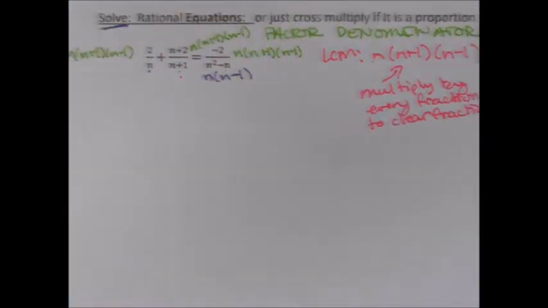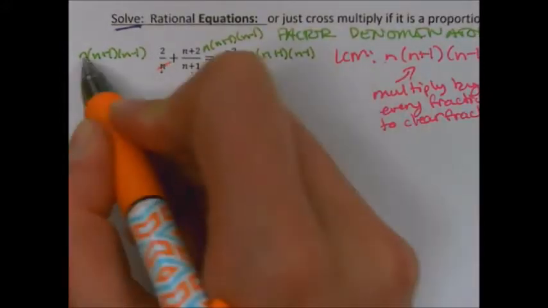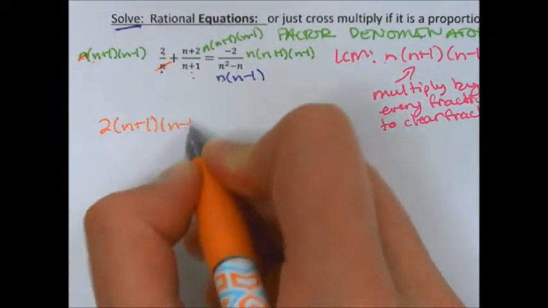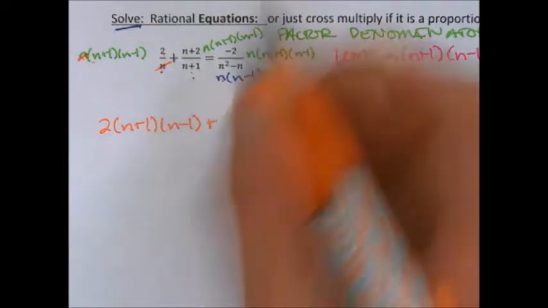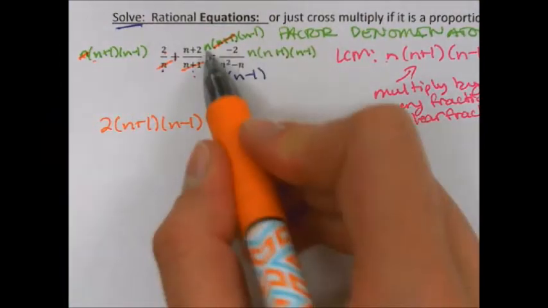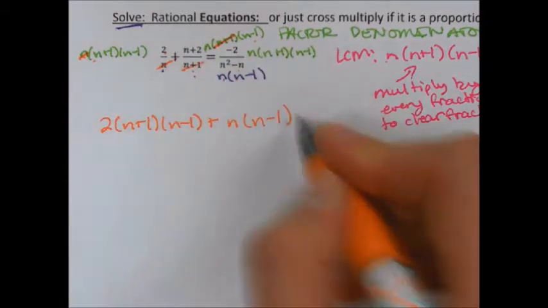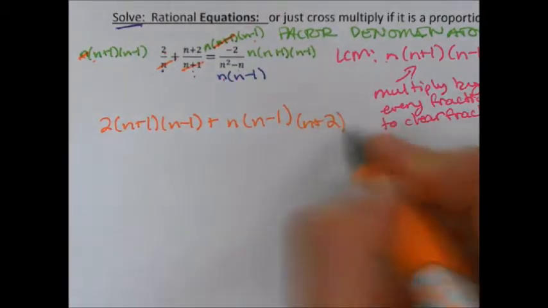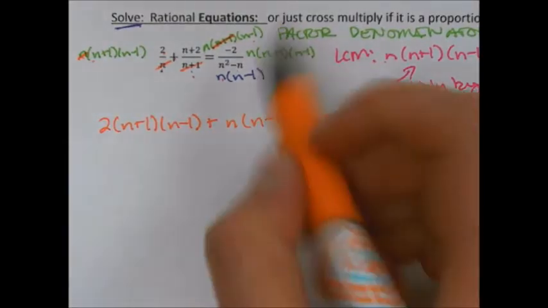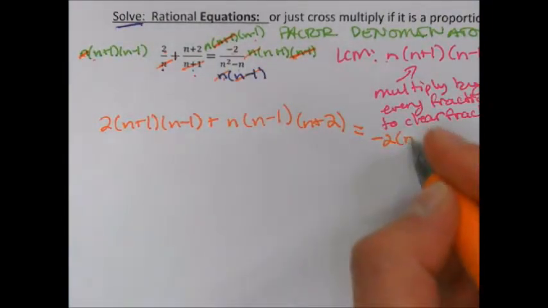Here, n crosses out, so 2 times all of that, plus this n plus 1 crosses out, so I have n times n minus 1 times n plus 2, equals this n crosses out, this n minus 1 crosses out, so I have negative 2 times n plus 1.